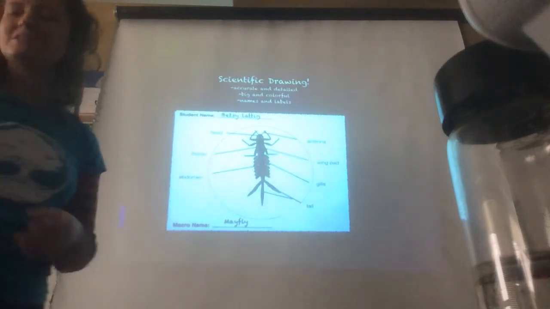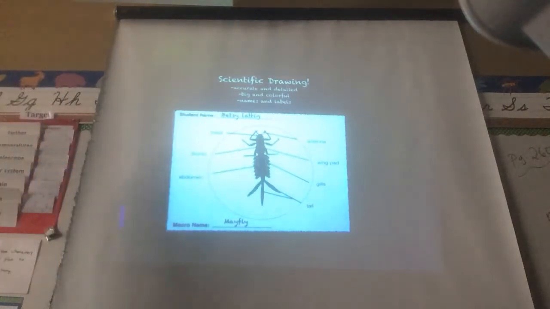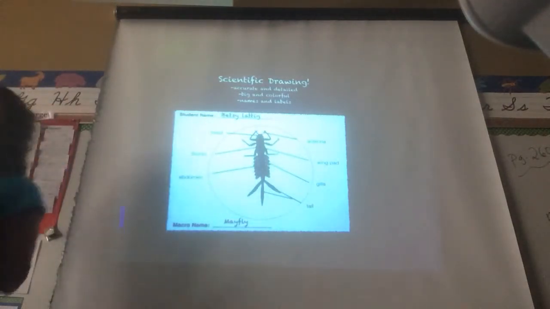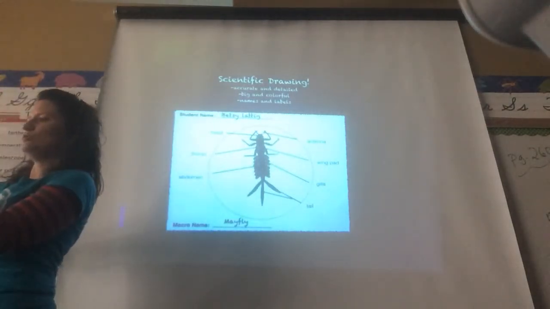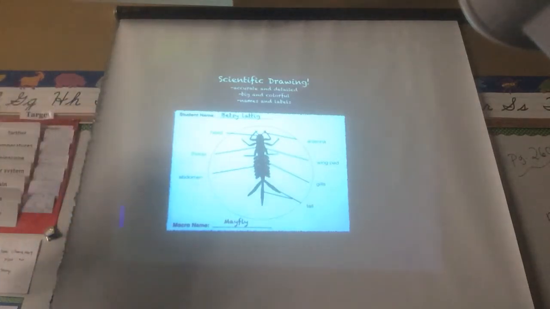So the samples that we're handing out, if they are real macro-invertebrates and they are in a glass tube, do you think you have to be pretty careful with them? Yeah. Can I ask you a favor? Can you be very, very careful to keep them upright? That means if they're on your desk, you've set them gently.